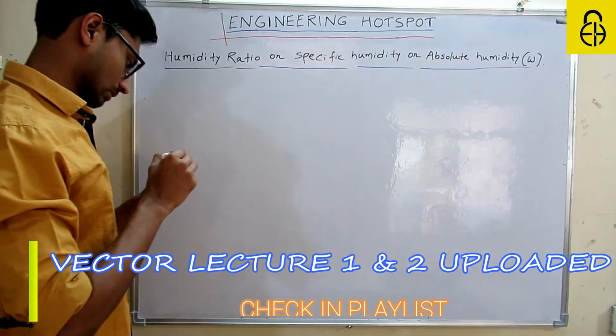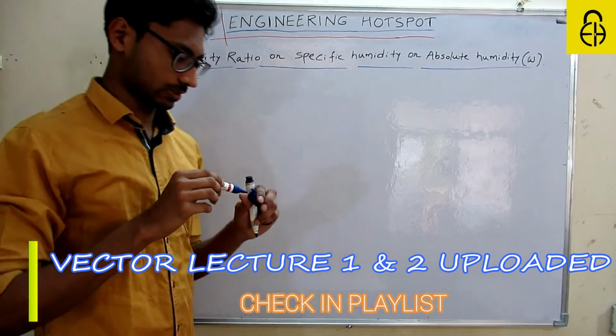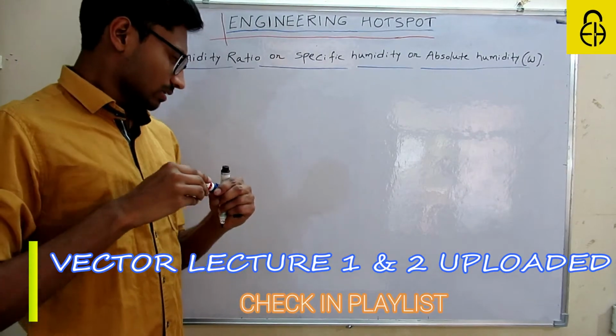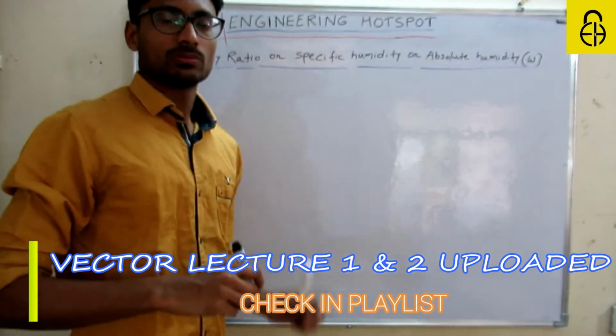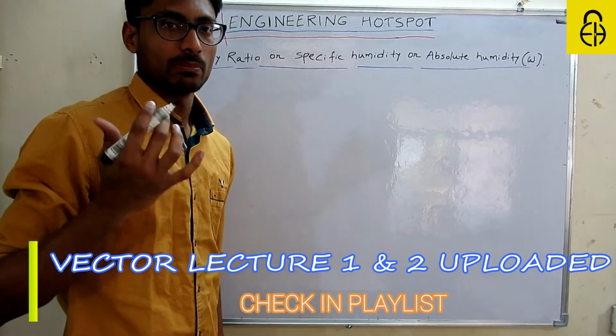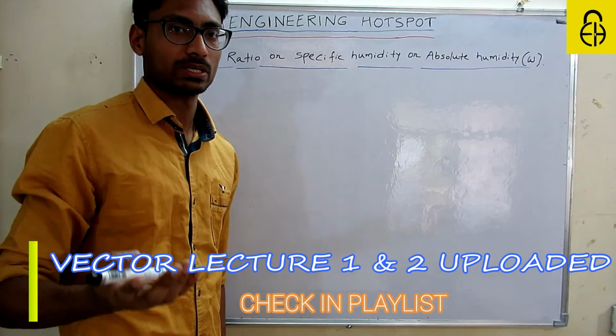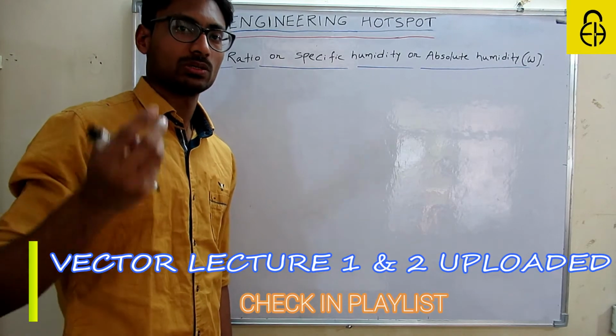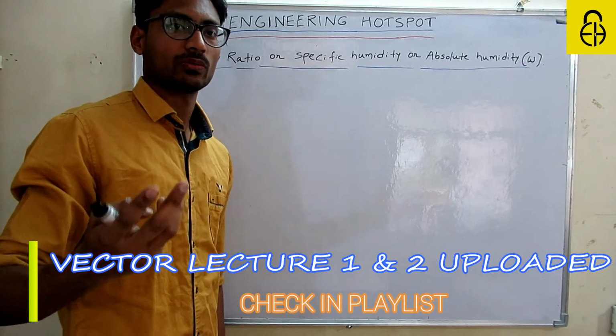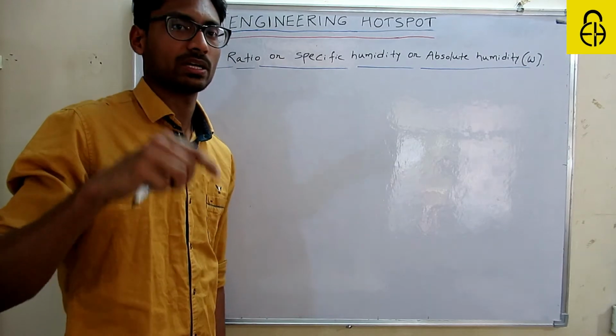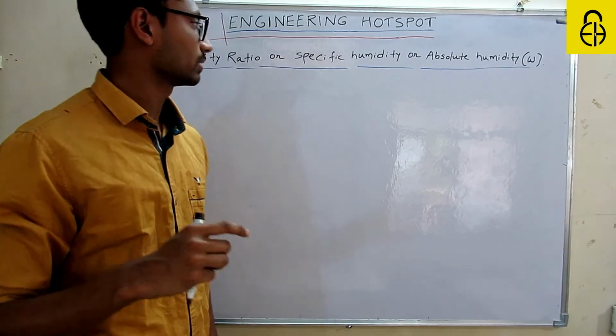So what is humidity ratio or specific humidity? Basically, it is the ratio of the mass of vapor present in a given air sample to the mass of dry air in the same sample.